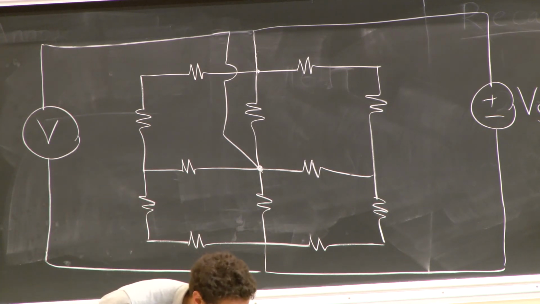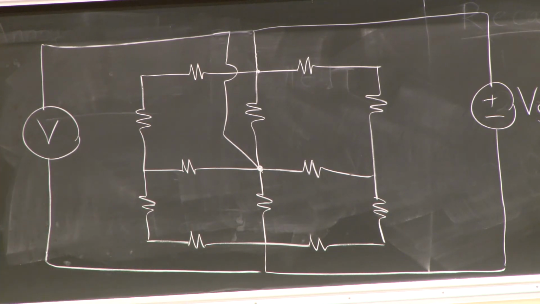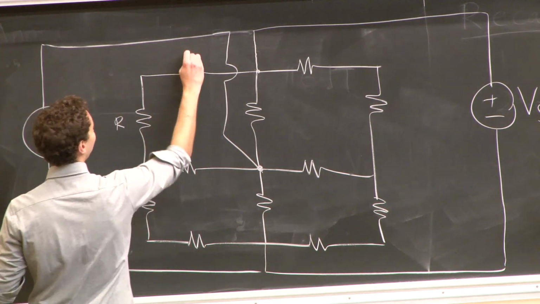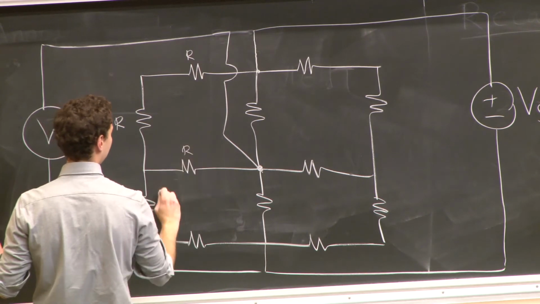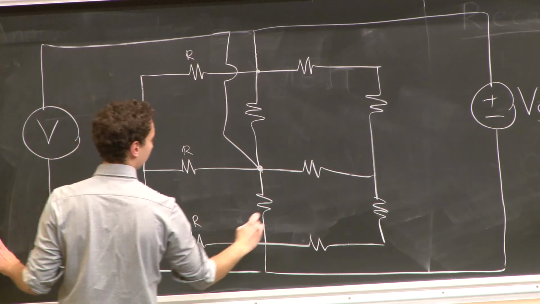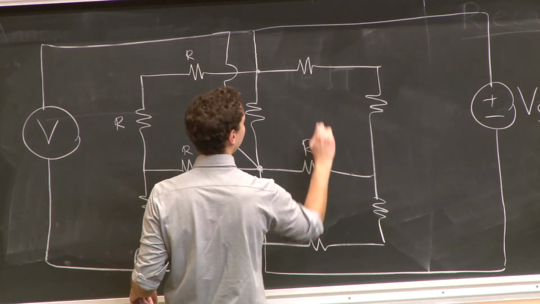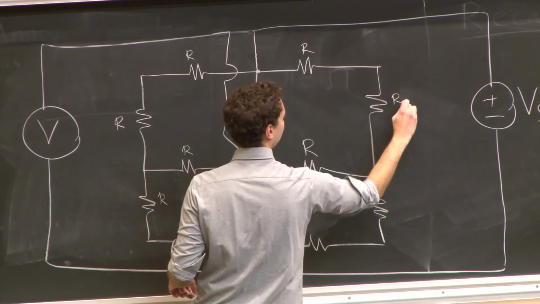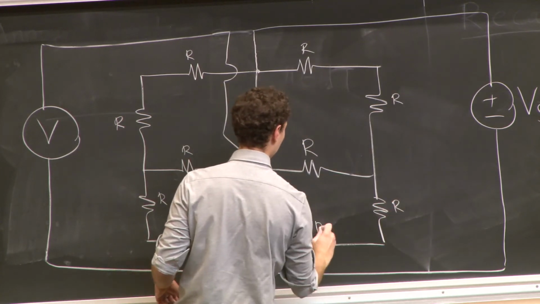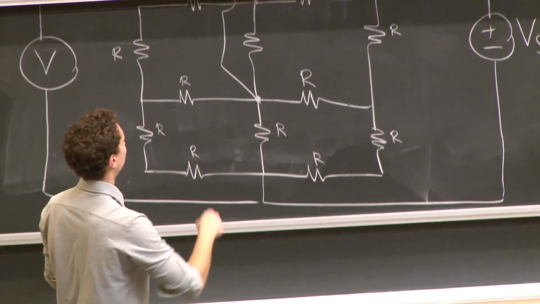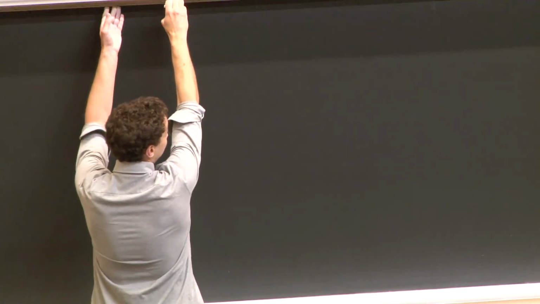What's that voltage going to be? Each one of these resistors is R. Well, let's find out. Let's draw an equivalent circuit. Or let's start combining these resistors and try to figure out this voltage.